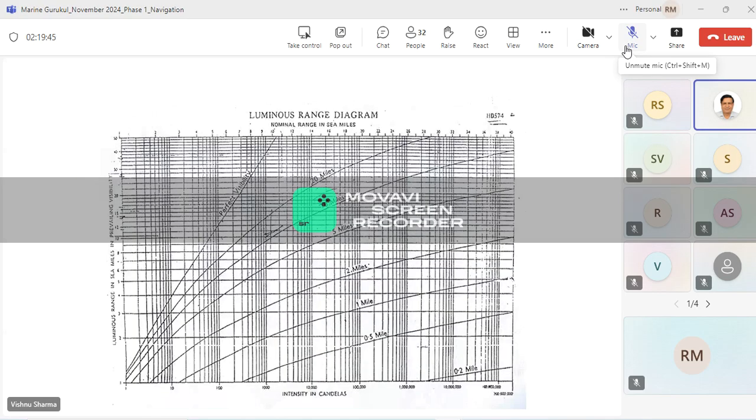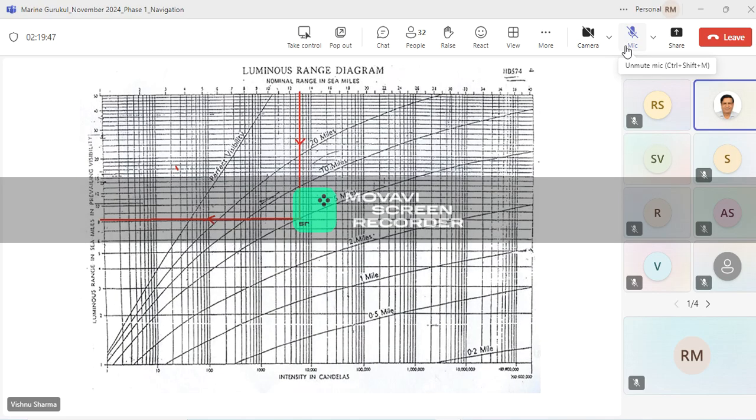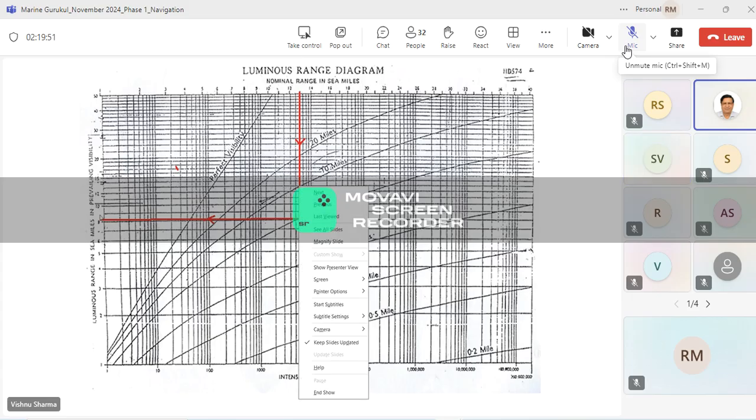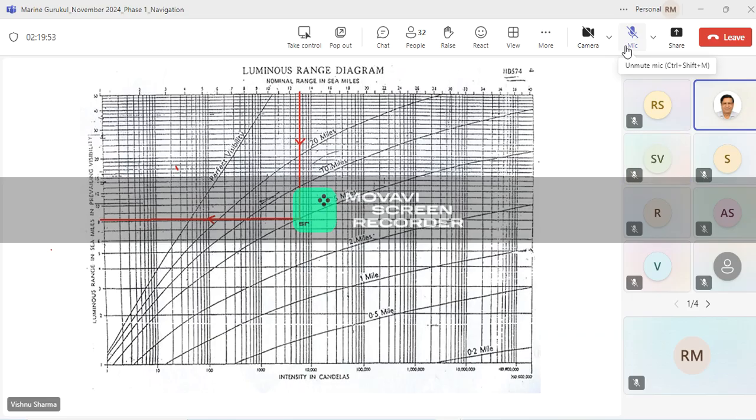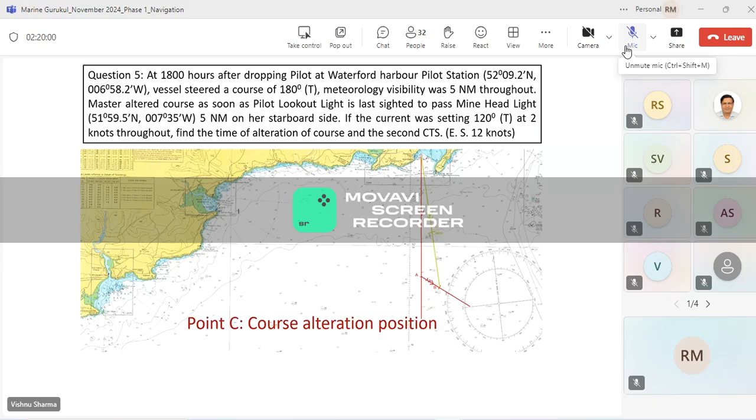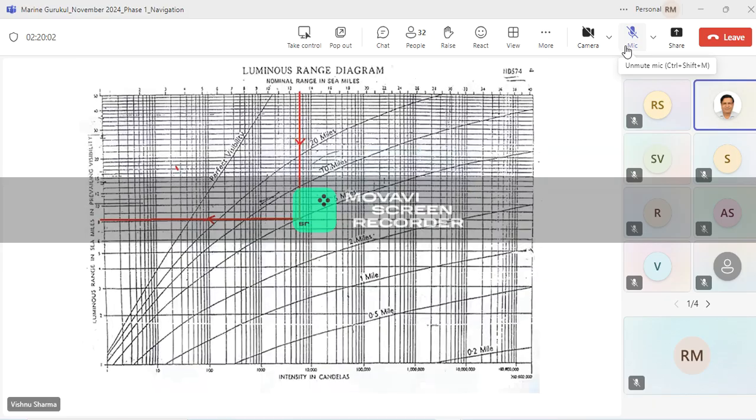I go to 13 miles. From 13 miles, I come to 5 nautical miles. I go this side and I get a PLR of something about 8 miles or 8.1 miles, whatever you're getting. So PLR is about 8.1 miles.